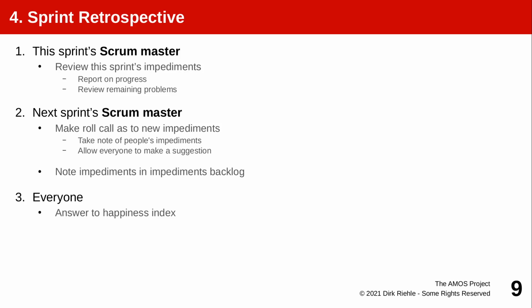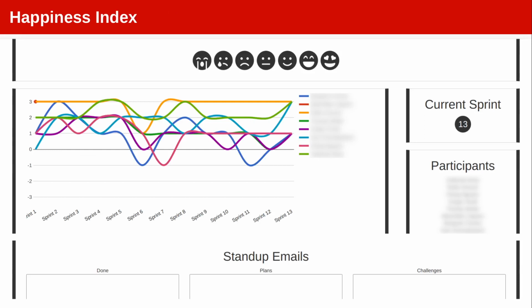And finally, you will answer the happiness index, which has also been called the emotion seismograph. That's this little tool that we provide you with, where you register your happiness about the project in general with a value between -3, very unhappy, and +3, very happy, 0, neutral.